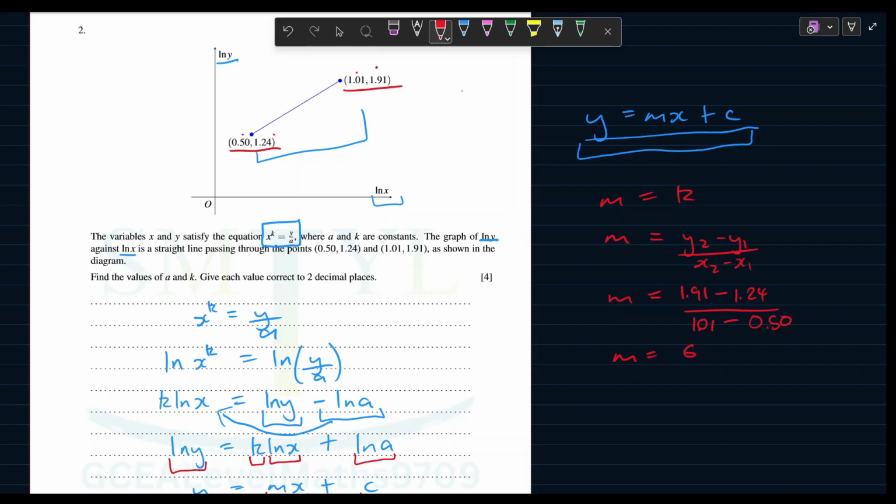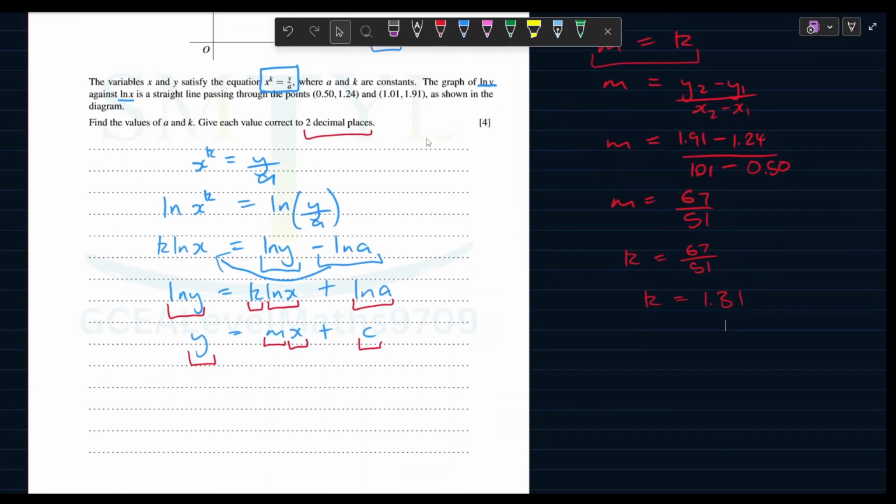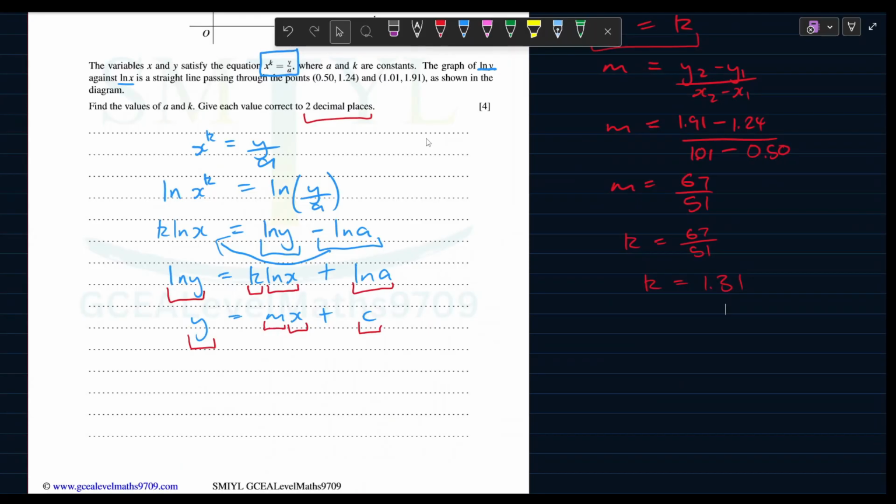Let's punch this into the calculator, and that is 67 over 51. So since we said m is equal to k, it means k is 67 over 51. They want the answer to 2 decimal places, so that would be 1.31 for k.